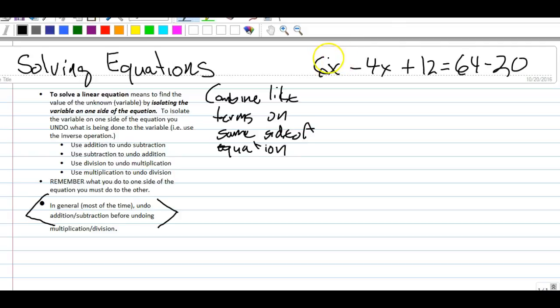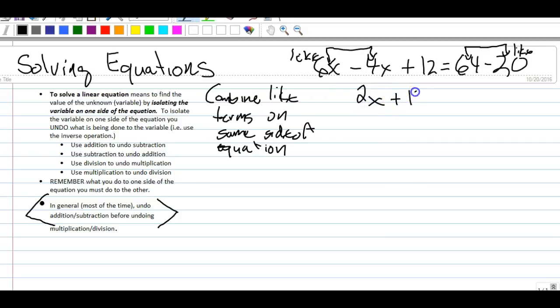So on the left side here, I have 6x minus 4x. On the right side, I have 64 minus 20. These creatures are like. So 6x minus 4x simplifies into 2x.